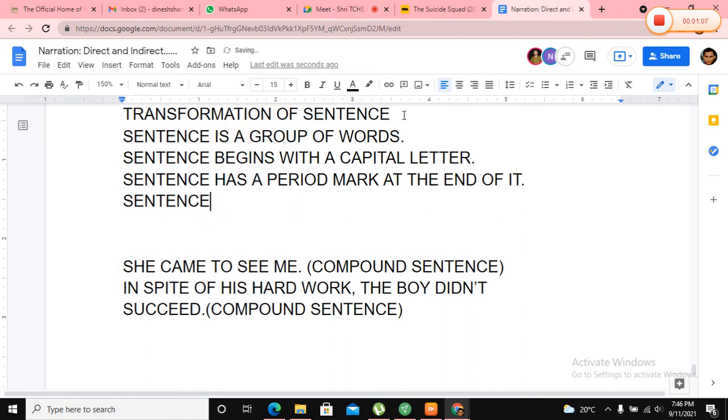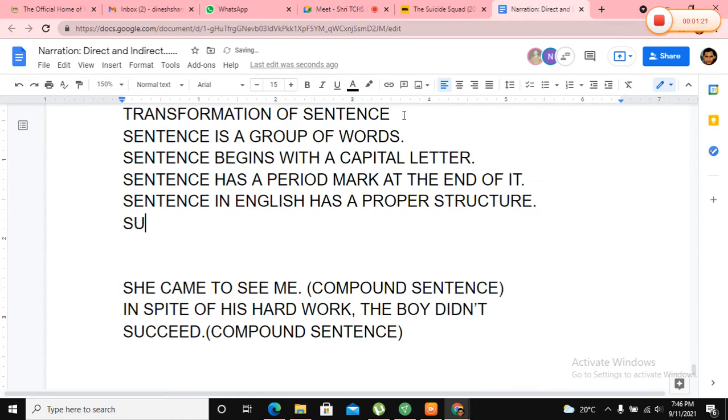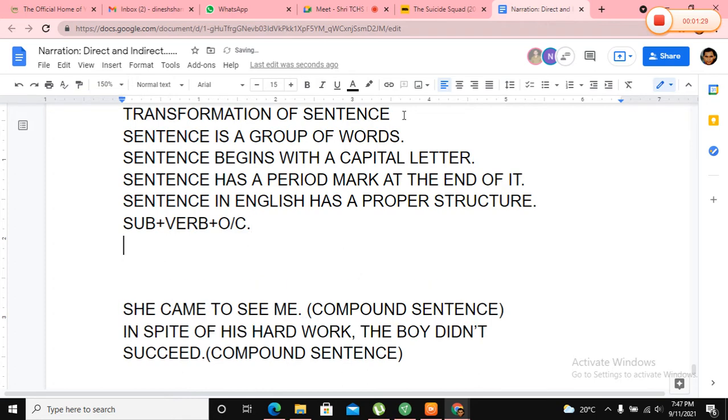A sentence in English has a proper structure. The structure of a sentence is subject, then verb, then object or complement, whatever applies.